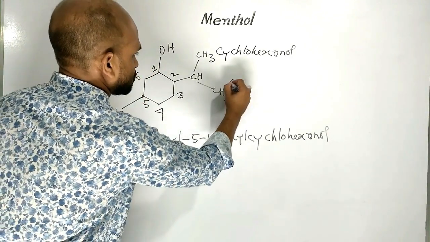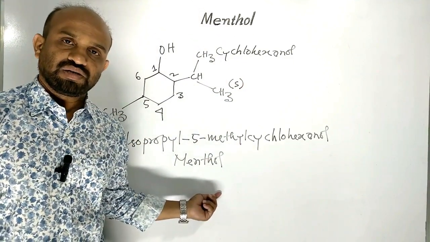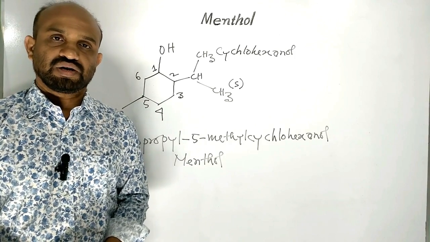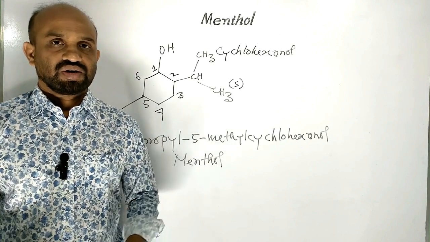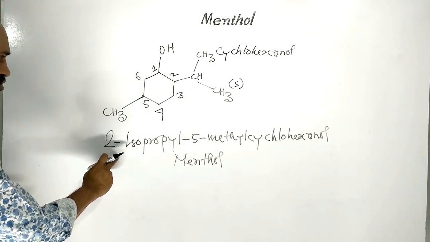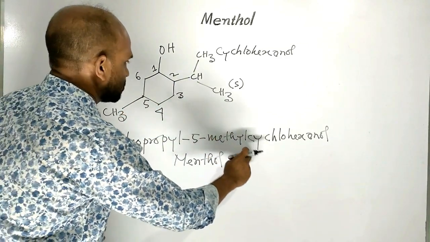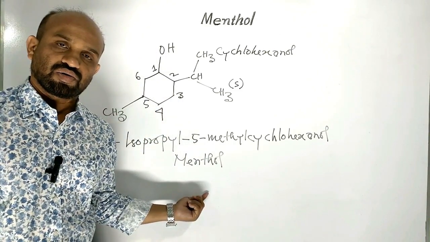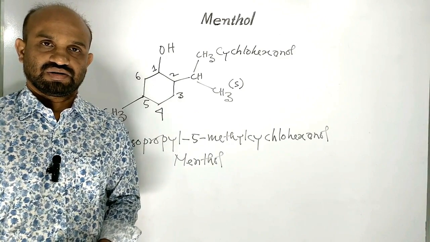This is solid at room temperature, a kind of medicine used in throat infections as a spray and as throat lozenges. So, menthol is a chemical compound which is 2-isopropyl 5-methyl cyclohexanol, a kind of cyclic alcohol which is commonly known as menthol.